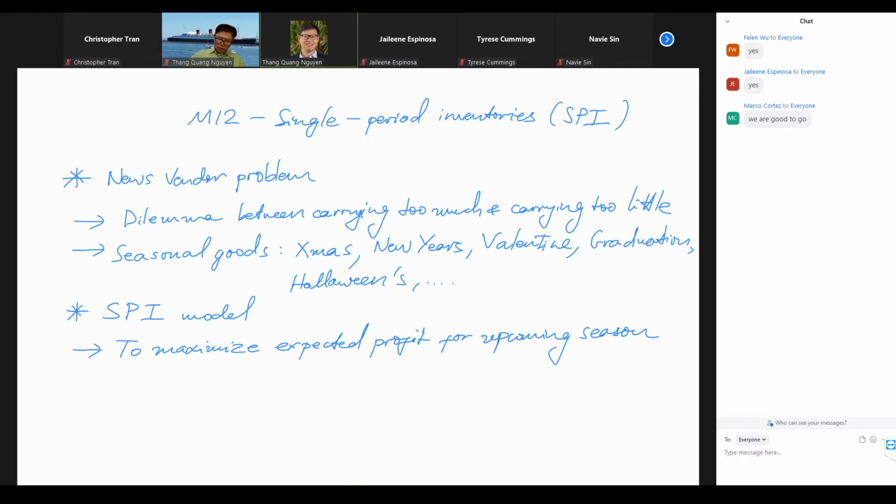Okay, so for example, if we draw the timeline like this, the Christmas season will start at some point and end at some point, right? So that's our season right here. Then we need to make the decision on how much we carry before the season starts, right?